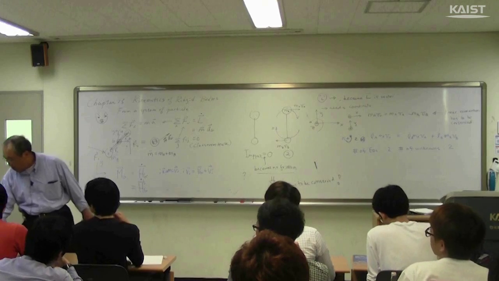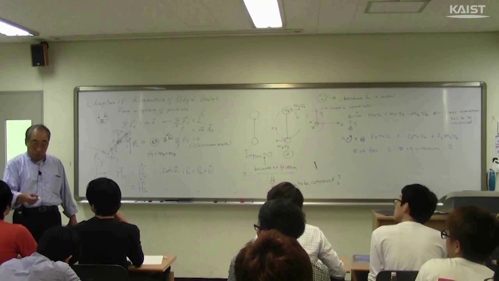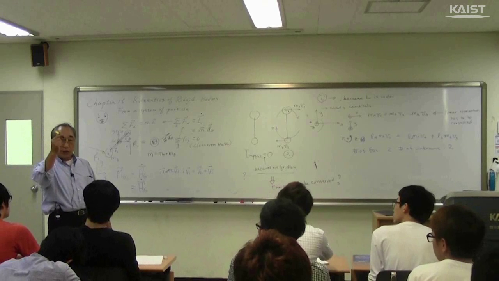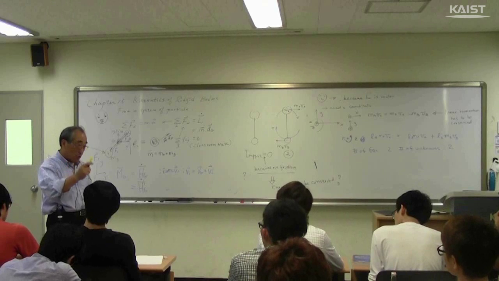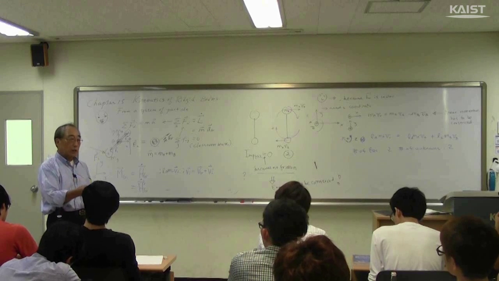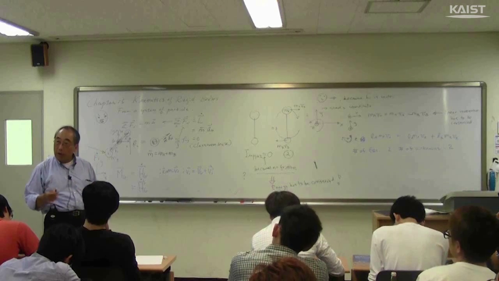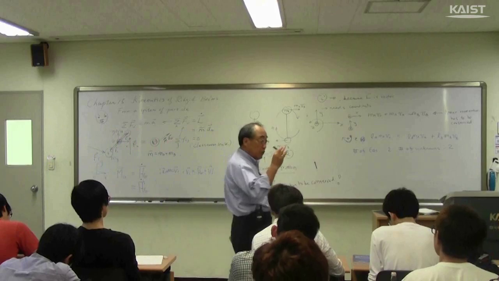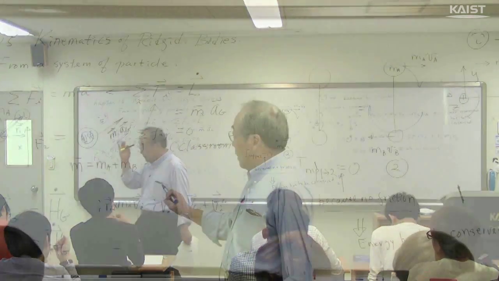Oh, this is an expensive one, right? So the velocity with respect to g of this rigid body is this rotational velocity, and the total velocity is the velocity of the center of mass plus the velocity of each tip measured with respect to the center of mass. Right?